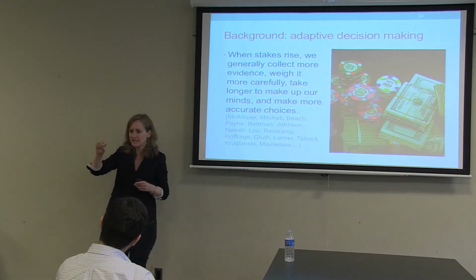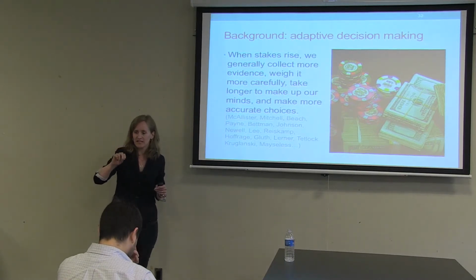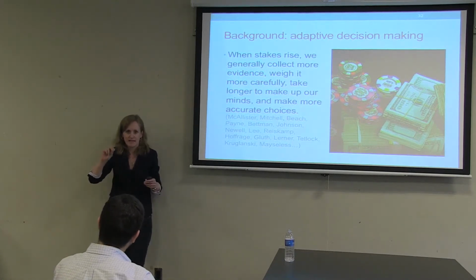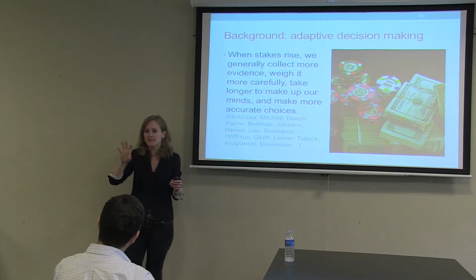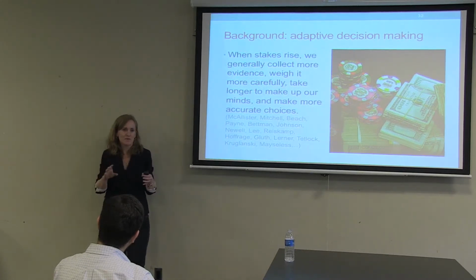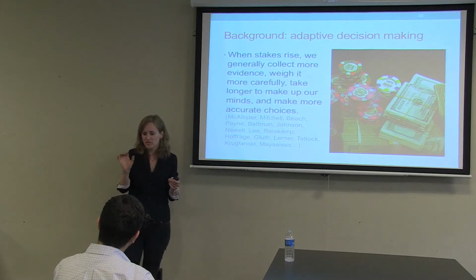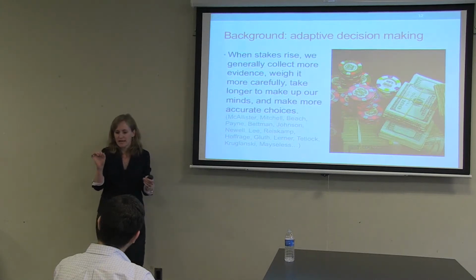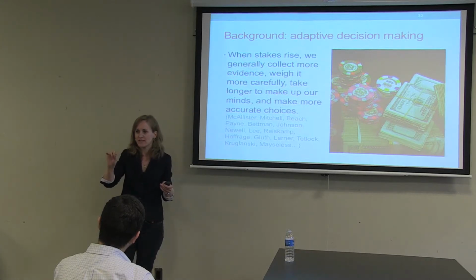Each bit of evidence that you select before you answer the question costs you 50 cents. And you can pick as much or as little evidence as you want, and then you have to give your answers. Maybe you're under time limits, maybe you're not. And then we'll just manipulate how big the cash reward is for getting this particular question right.